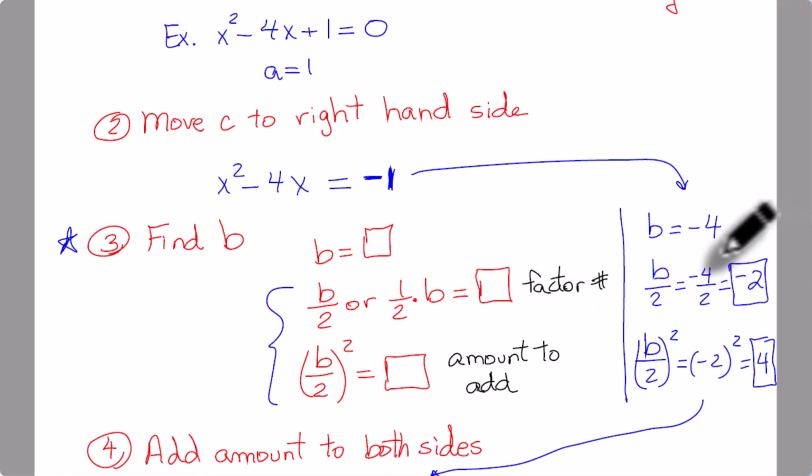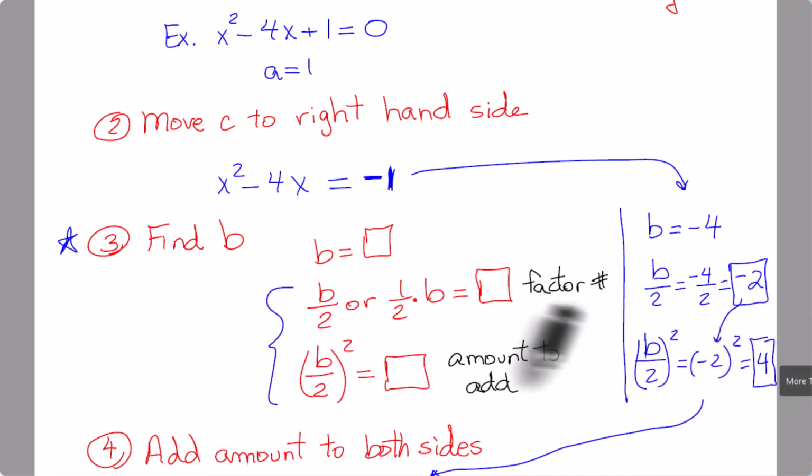So in my example, B was minus 4 over 2 is minus 2. Once I get that number, I'm going to put it over here, my B over 2, and square it. And I'm going to save that. So you see, my B over 2 was minus 2. I'm going to square it, and I get 4.